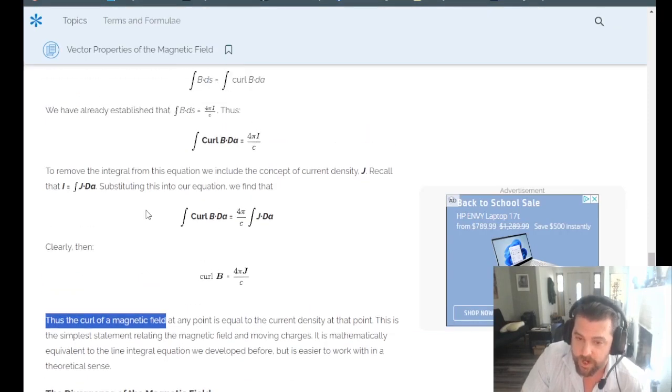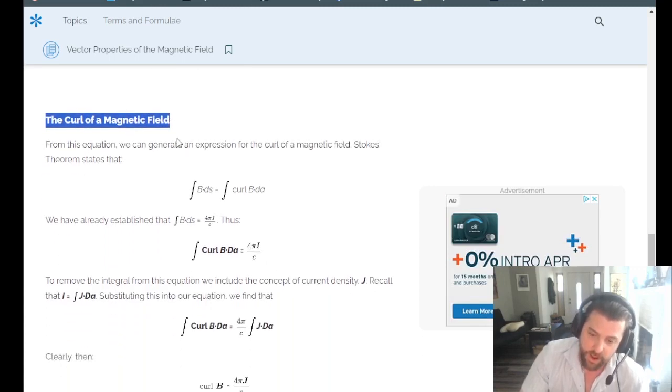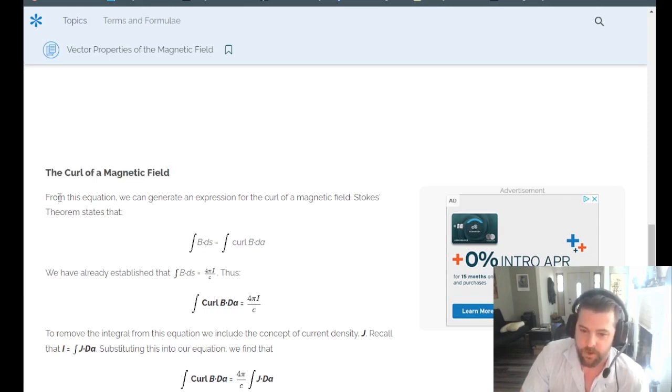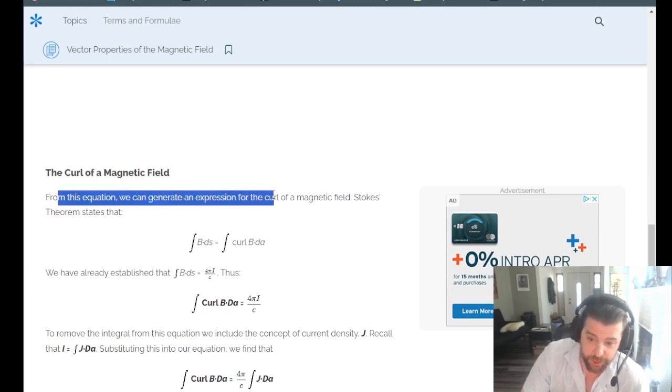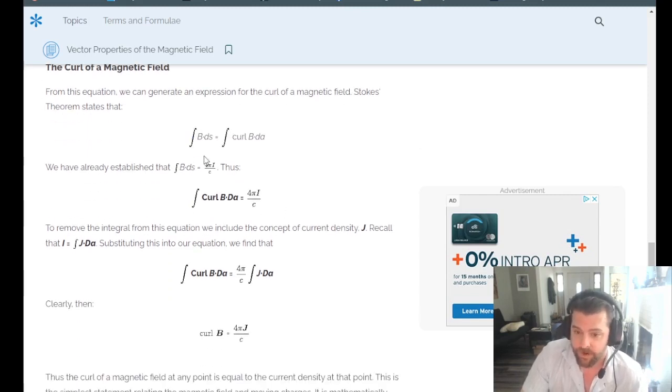So now we're going into the curl of a magnetic field. And you're like, okay, so what is curl? Well, this equation leads to an expression of curl in the magnetic field. I guess these are some equations I haven't really seen before.